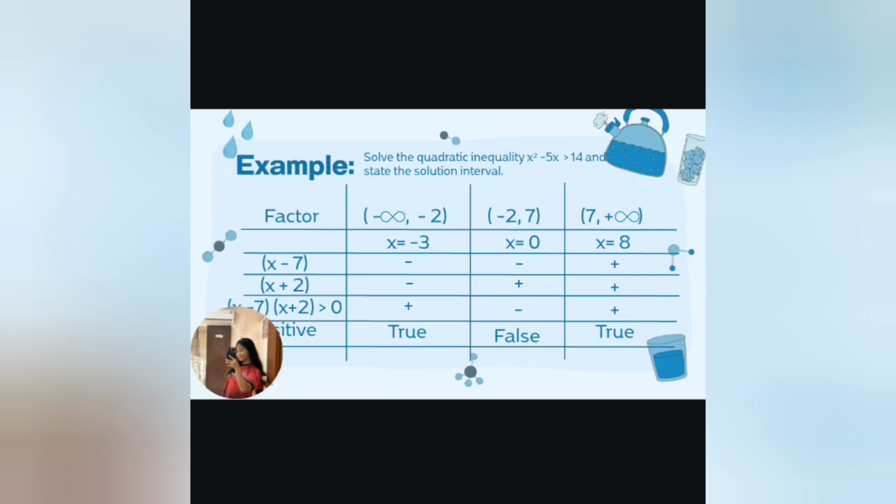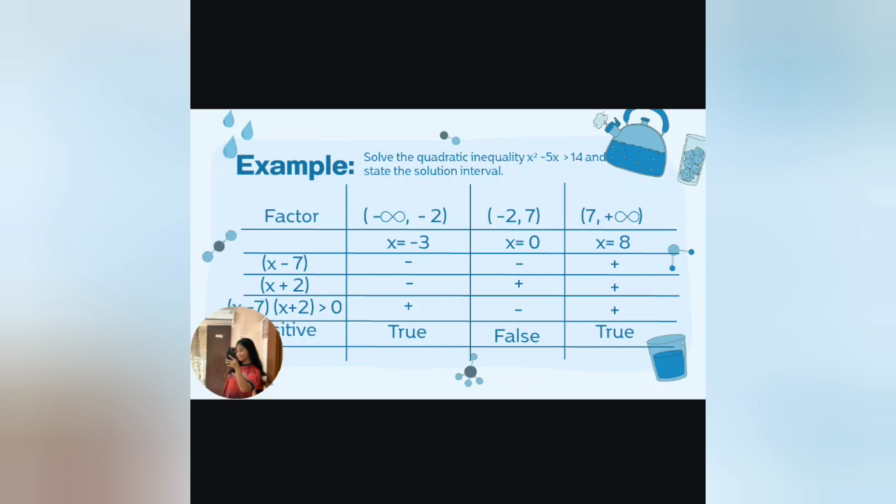At the last part, here we see 7 to positive infinity. So we will find a number that is greater than 7. We have here x equals 8, since 8 is greater than 7. Just like what we did, we need to add.